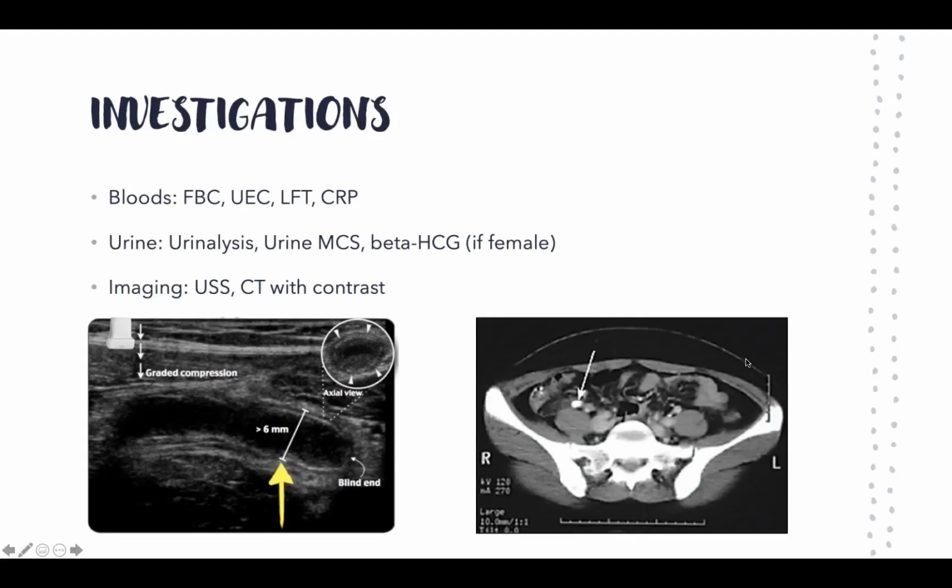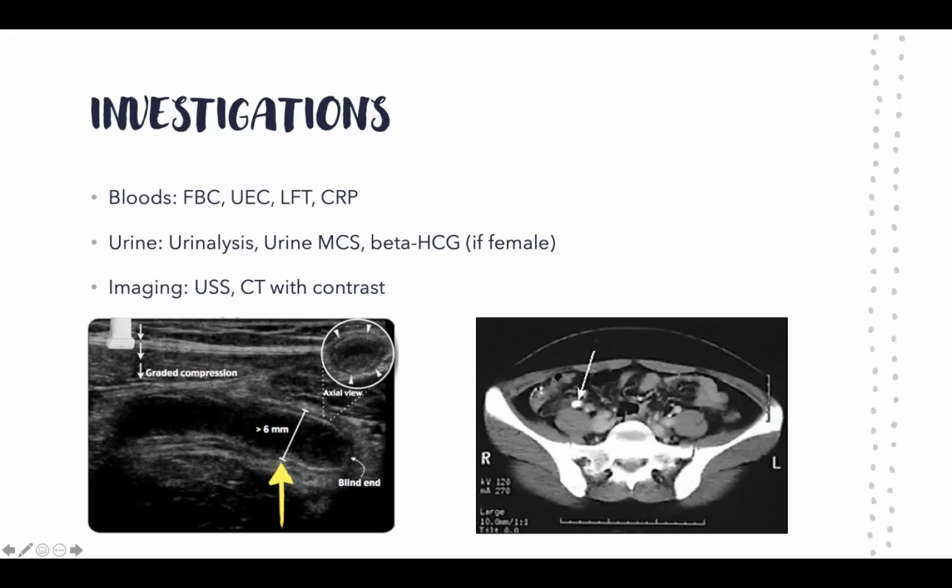A CT scan could be more appropriate when the diagnosis is unclear, whether we're suspecting any other kind of gastrointestinal cause, or even with patients with a higher BMI, where ultrasound might make it very difficult to visualize.